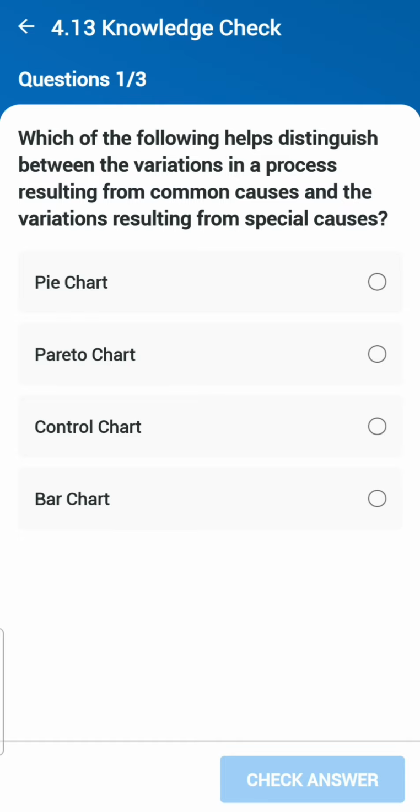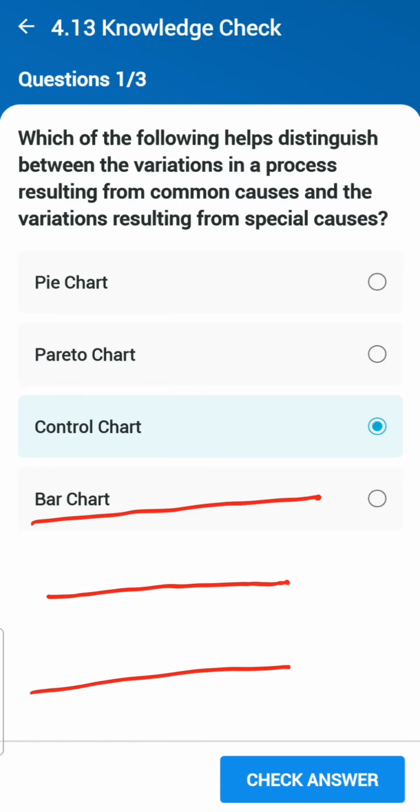In the control chart again the quiz starts. Which of the following helps distinguish between the variation in the process resulting from common cause and the variation resulting from a special cause? So the control chart will help us know if there is any special cause or common cause. Basically the control chart has an upper limit and a lower limit.